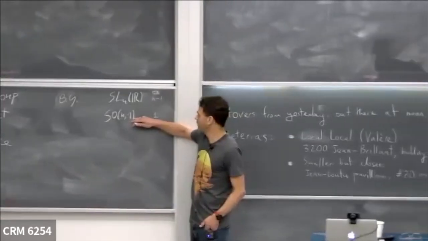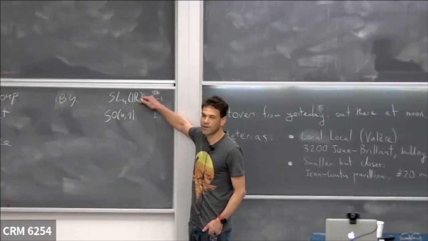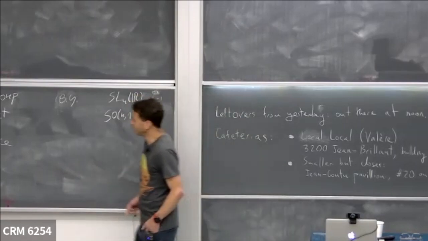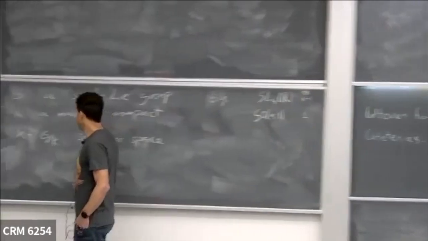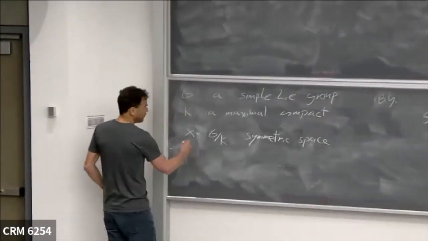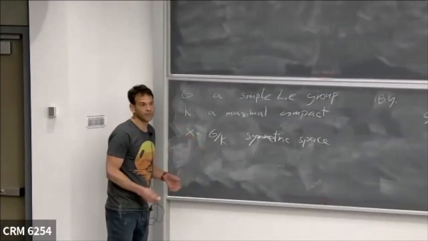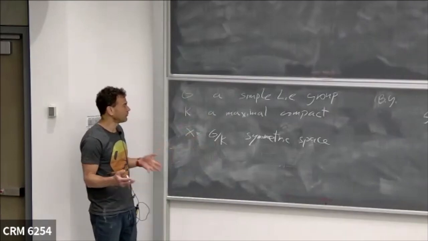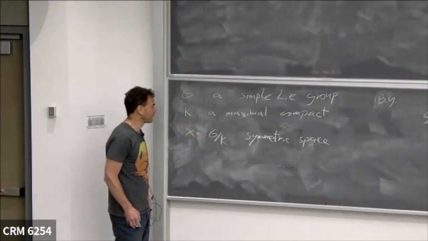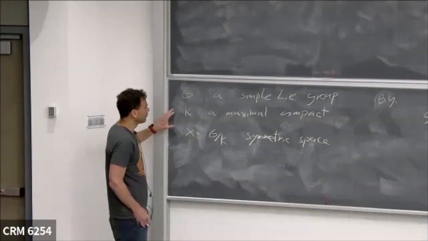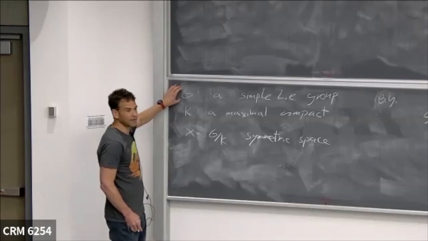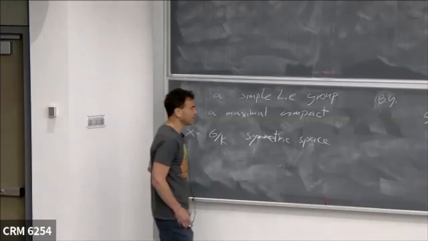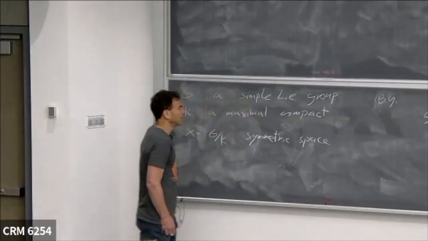In this case, even negative curvature, and in that case, non-positive sectional curvature. And now, G acts on this space by isometries. And actually, G is almost the isometry group of that space.